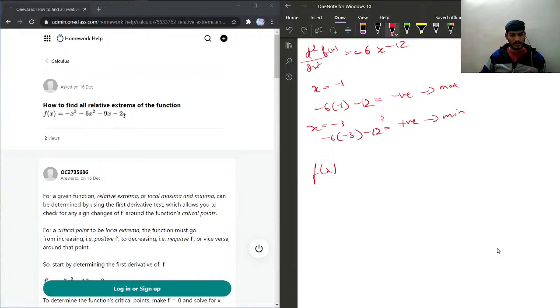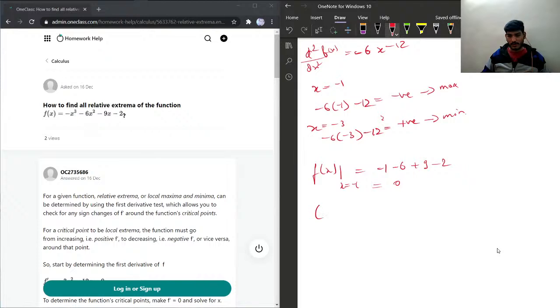For f of x at x equal to negative 1, minus 1 cubed will be minus 1, then 1 squared will be 1 minus 6, plus 9 minus 2. So this will be 0, I think.